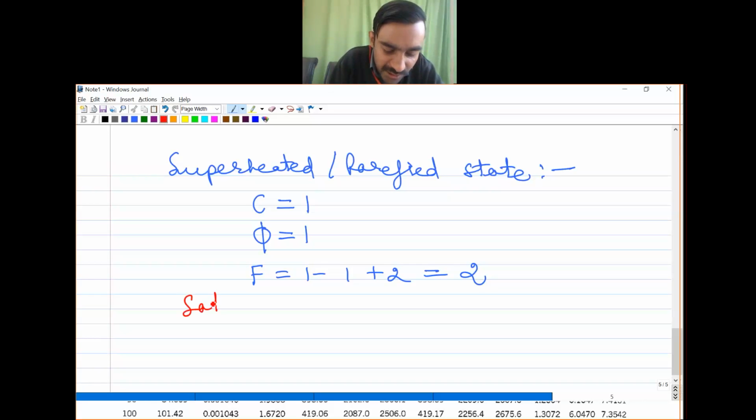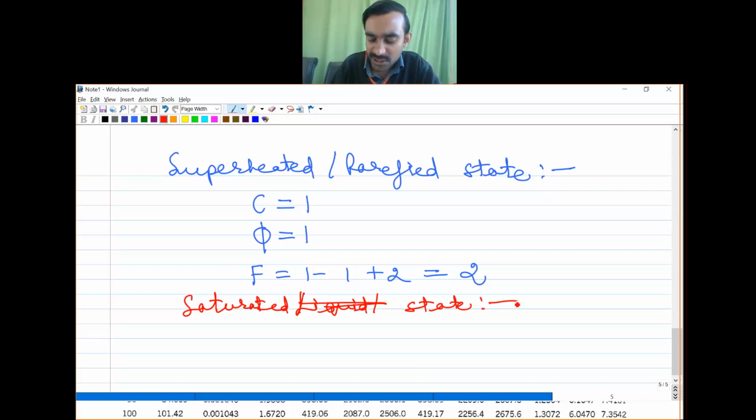Now if we talk about saturated liquid or saturated vapor, or I simply write the saturated state. In the case of the saturated state, the number of components is 1 only, because we have only water. Whether we go into vapor phase or liquid phase, everywhere we have water only.